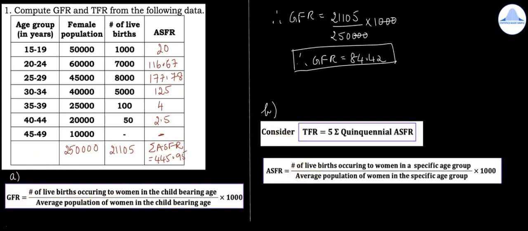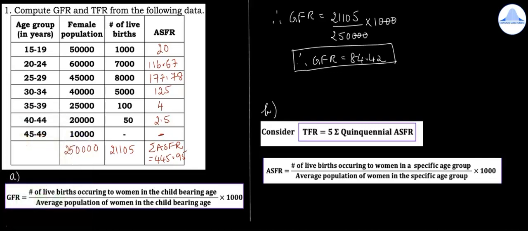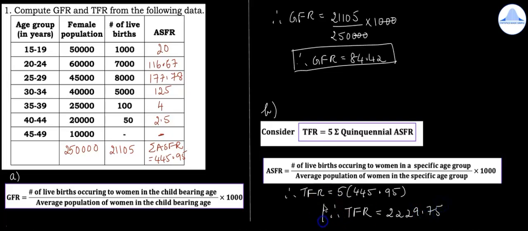So substituting in the TFR formula, we will get TFR is equal to 5 into 445.95. So therefore TFR is equal to 2229.75.